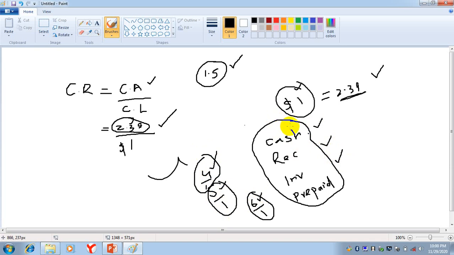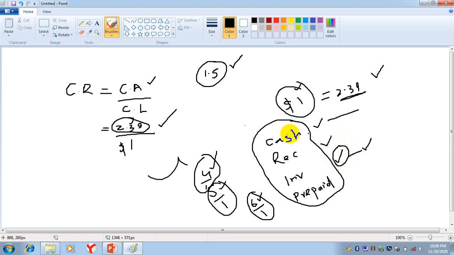If cash is too much in the business, it is not good because it shows you are not utilizing your cash. If too many receivables, it means your credit policy is weak. If too much inventory, this shows that you are not selling the inventory properly. Your sales and marketing department is not effective.